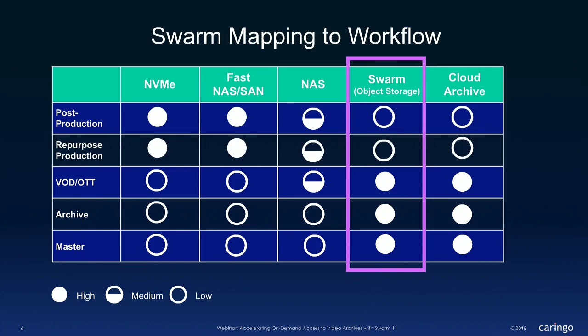We'll go into that in a bit, how we support and interact with tape. But you can see Swarm here is really good at the use cases for video on demand, OTT use cases, archive use cases, and storing your masters. It's not to say that you're not going to use it in some post-production and production scenarios, but for the most part, the primary workflows are video on demand and really preserving your master copies.